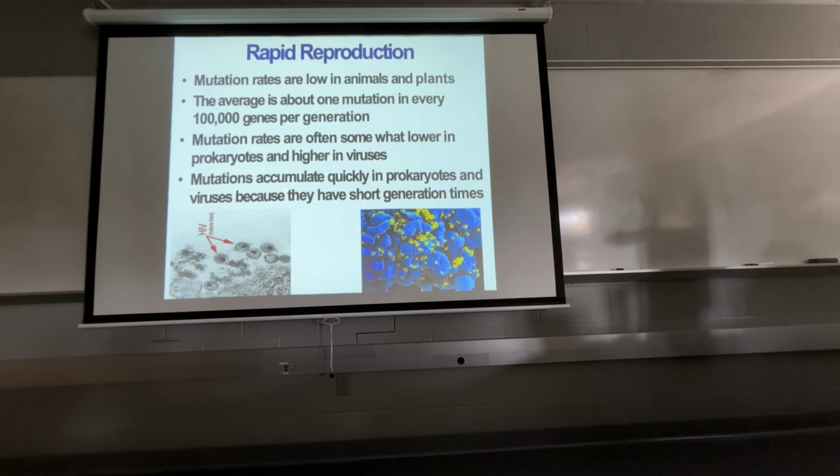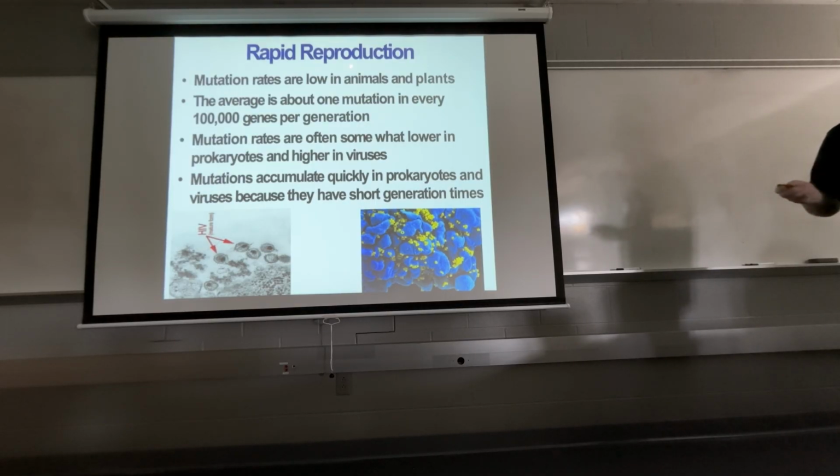So viruses and prokaryotes, like bacteria, have much higher mutation rates than, say, a eukaryotic cell, which reproduces and divides slower and has better proofreading. Because of the rapid reproduction, any mutation accumulates much more quickly within a population of bacteria and viruses, which have short generation times.